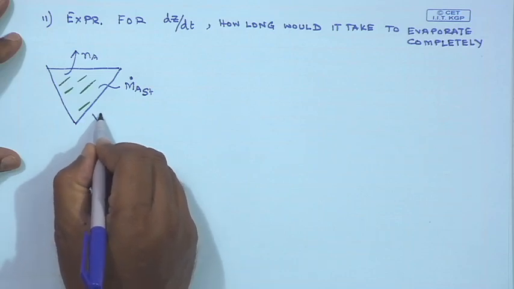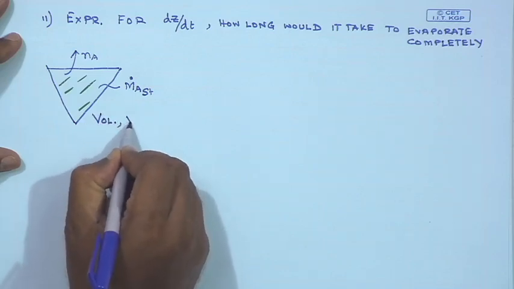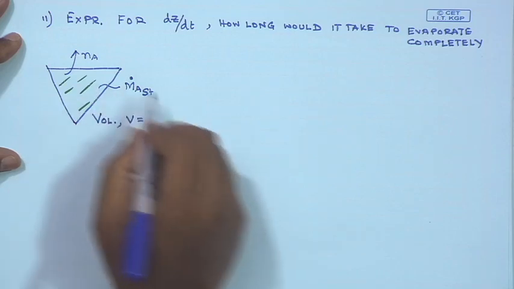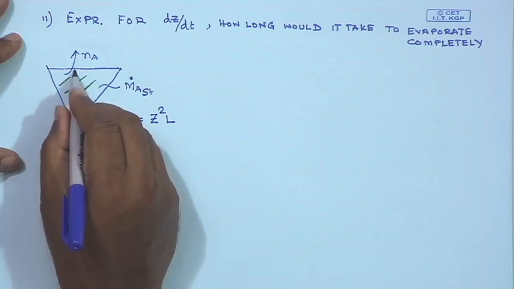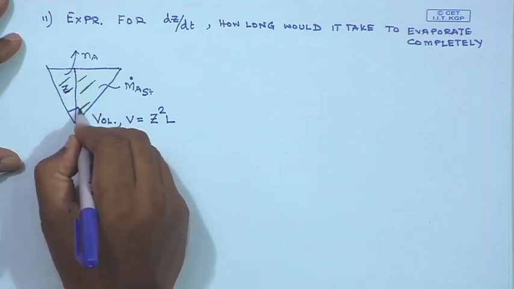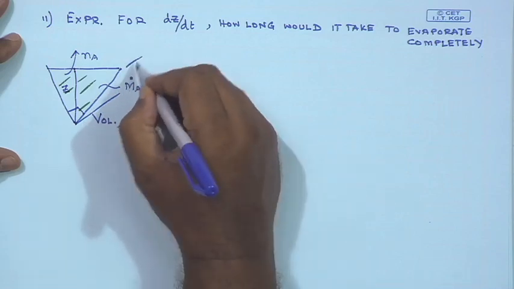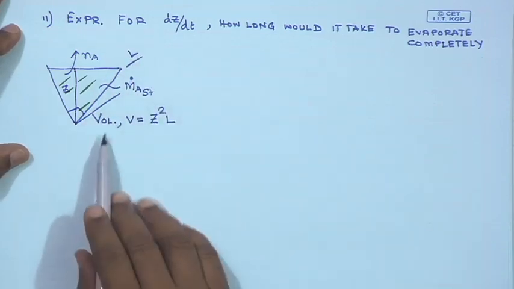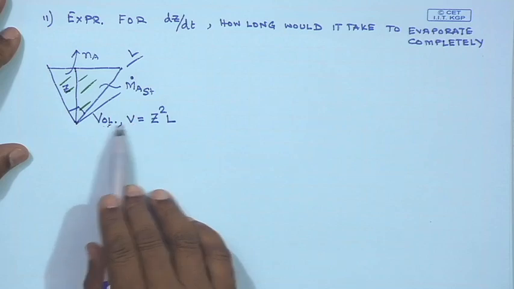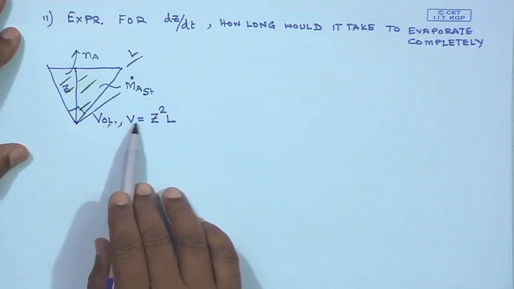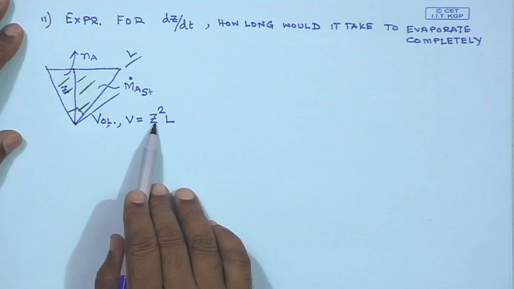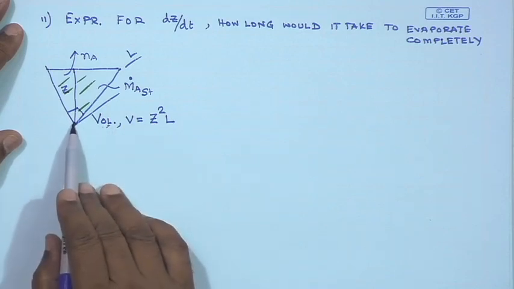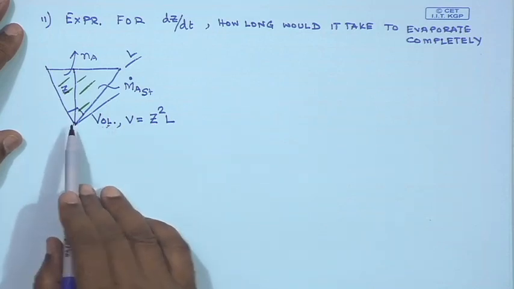Also, the total volume of the channel, which I denote by V, would simply be from geometry z square times L, where this is Z, this angle is 90 degrees, and the length of the channel is L. So, the volume of the water contained in the channel is going to be equal to z square L, and we understand that with increase in time, the value of z will keep on decreasing till it disappears, till there is no water left in it.